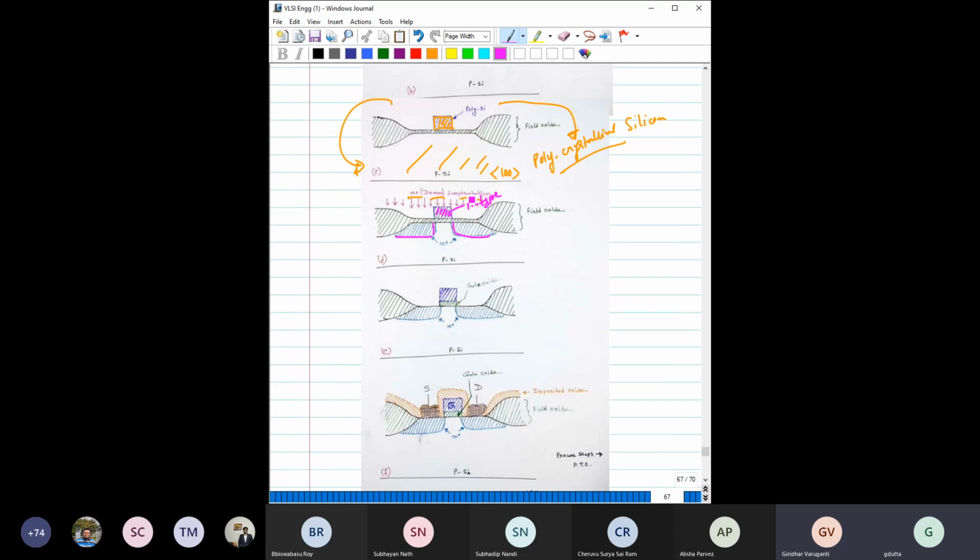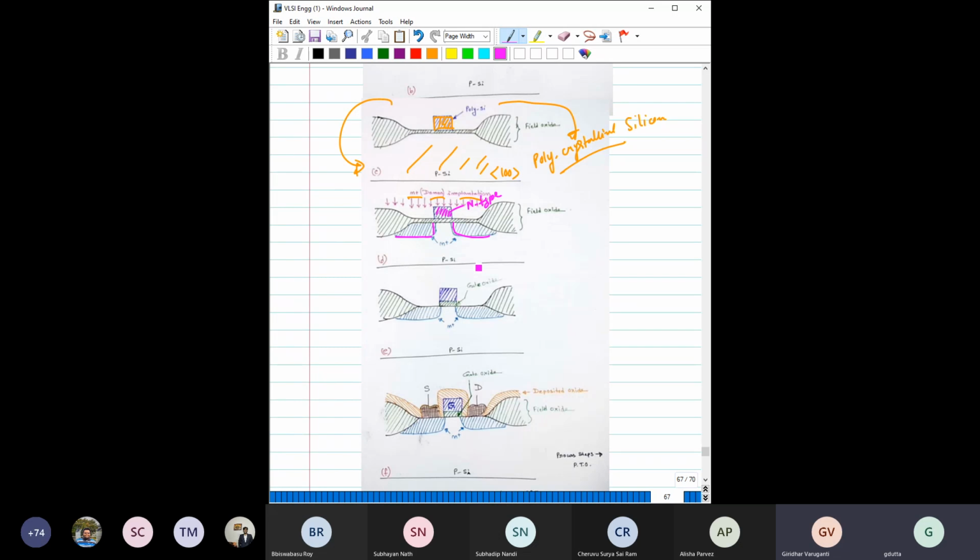Now, what is the advantage of this doping? Polysilicon typically has a very high sheet resistance. To reduce the resistance, you have to very heavily dope the polysilicon. Once you heavily dope the polysilicon, its resistance decreases dramatically. And remember the RC loss, right?